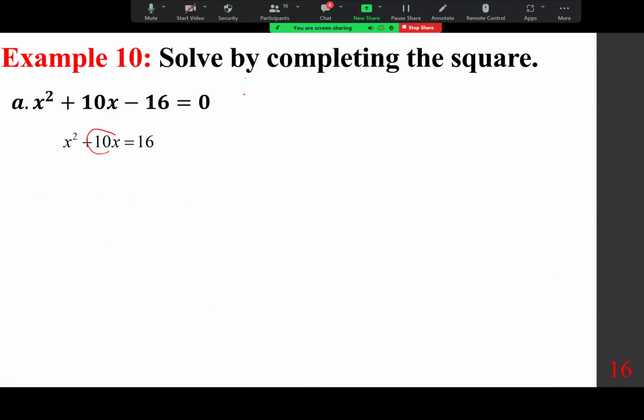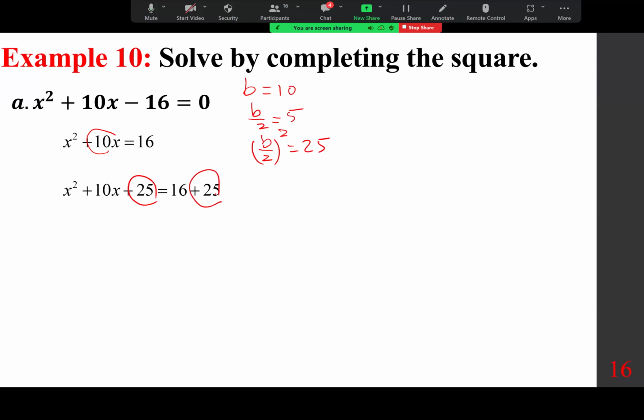So b is 10. We divide it by 2, we get 5. We square it, we get 25. Let's add 25 to both sides. Now, the left side is the variable.